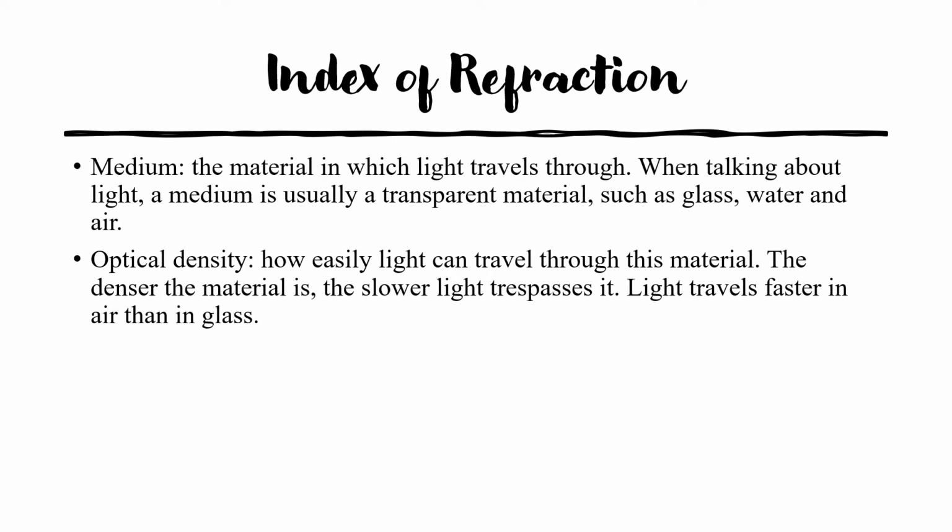We also have the optical density, and it is how easily light can travel through a material. The denser the material is, the slower light passes through it. Light travels faster in air than in glass. And of course, light is going to travel faster in air than in water.